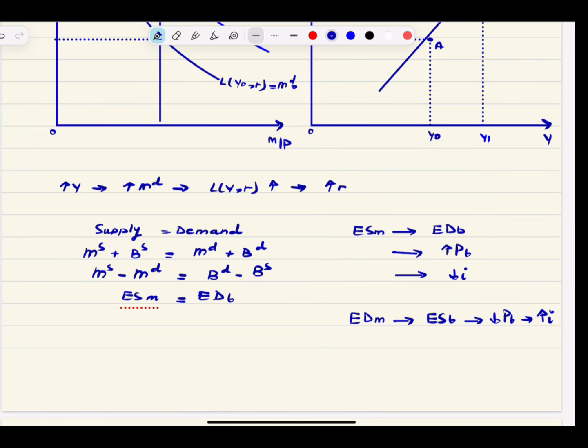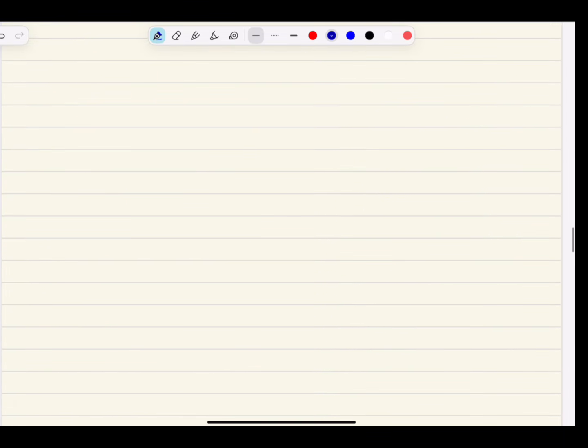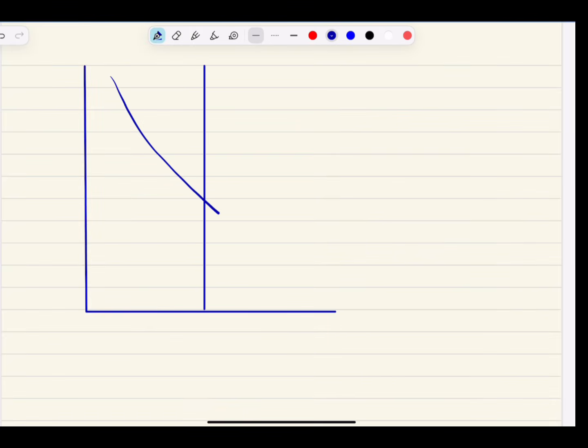Okay, let's try to show this diagrammatically. Let's start in a position of equilibrium, and then let's deviate from that equilibrium. So this is the vertical money supply, this is the negatively sloped money demand, and this is my equilibrium. Let's consider scenarios in which we actually deviate from this equilibrium.